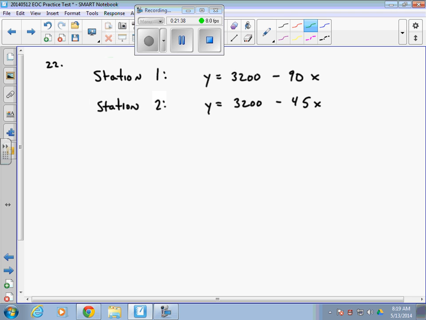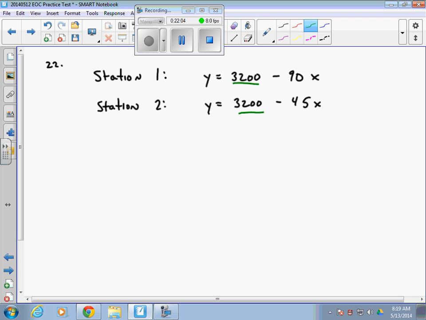Number 22 says two gasoline stations each sell gas at a steady rate. That means the slopes are going to be the same throughout the day. It's not going to change for one during the day. The two equations below show the amount of gas each has in stock, y, in gallons over time. Let x represent the time since 9 a.m. So they both start with 3,200 gallons. That's what you can see.